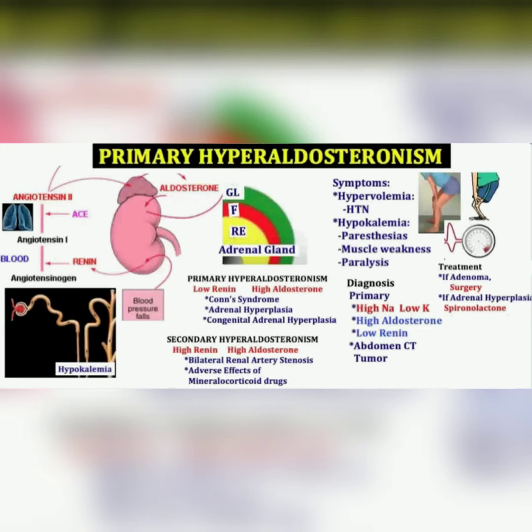Short acting is the regular insulin. Long acting ones are detemir, glargine and degludec.